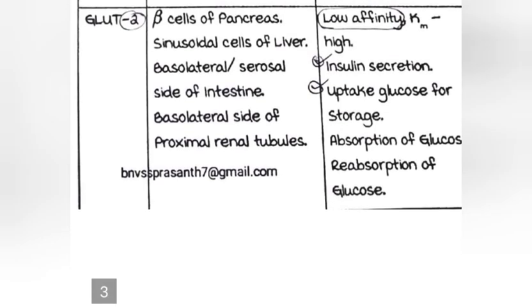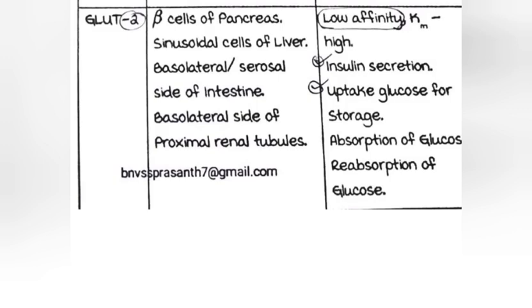GLUT2 is present in the beta cells of the pancreas, sinusoidal cells of the liver, the basolateral side of the intestine, and the basolateral side of the proximal renal tubules. They are low affinity and high Km transporters.